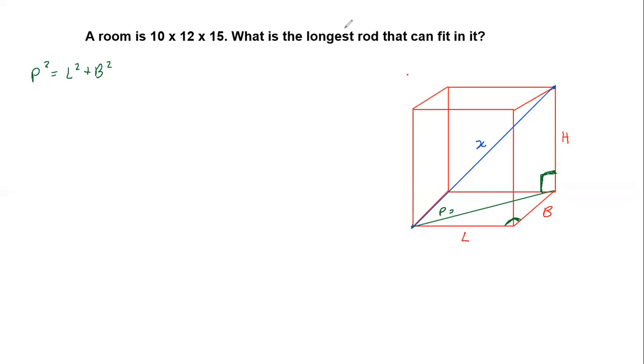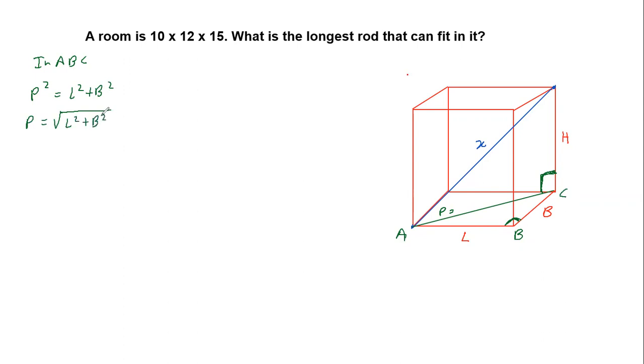To be more precise, let me label it: this point is A, this point is B and this point is C. So the triangle lying on the floor is ABC. In this, P is the hypotenuse, so P square is equal to L square plus B square. From here, I'll get the value of P, which is under root L square plus B square.